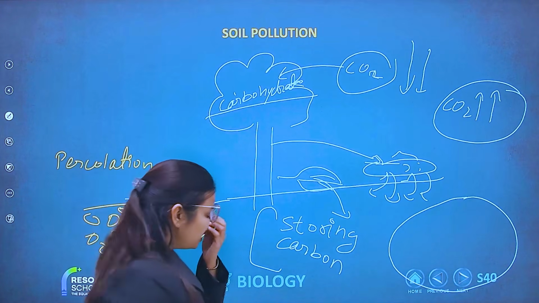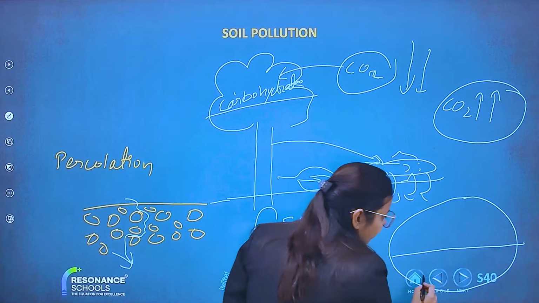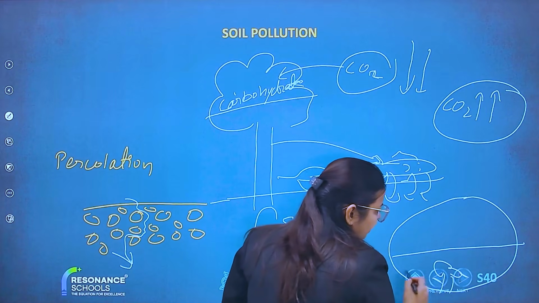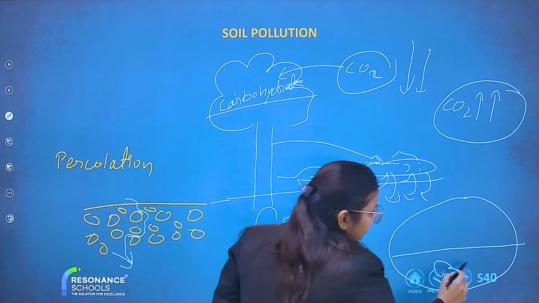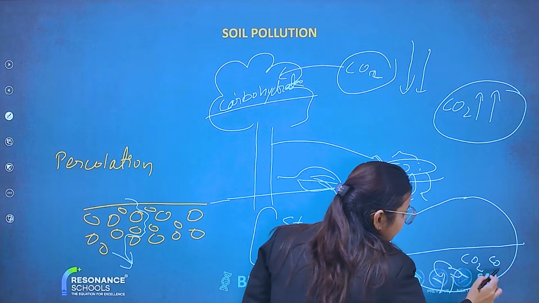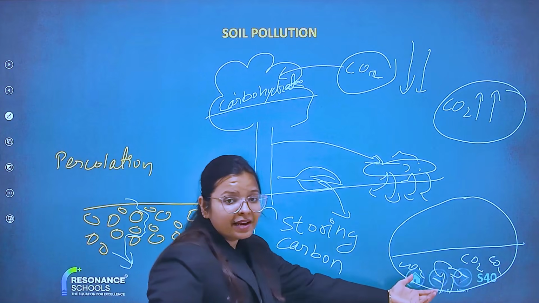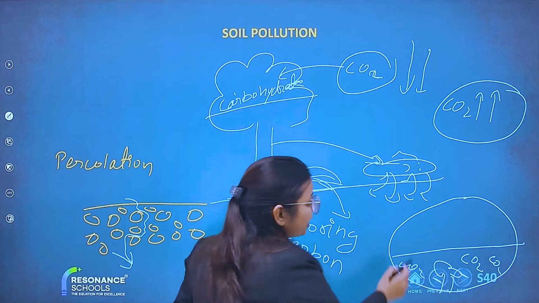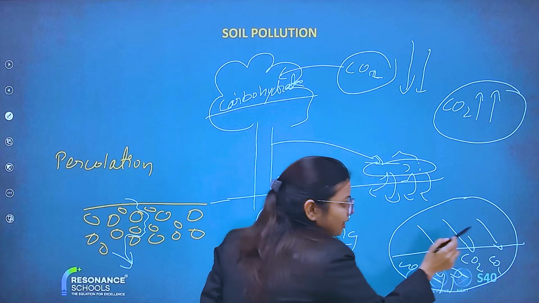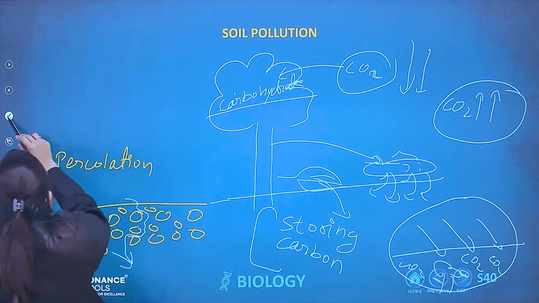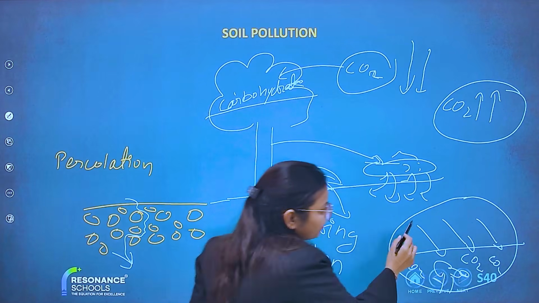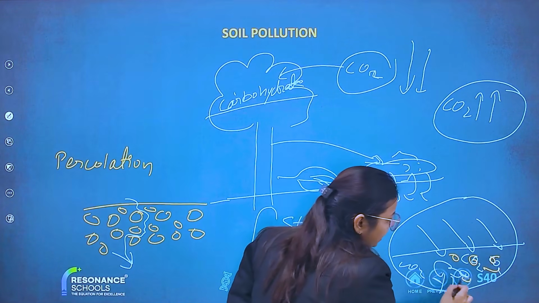Let's imagine earth like a room. This is our earth, and this is where we are living. The more CO2 we have in our environment, the more of the sunlight and heat coming in gets trapped here. I am changing the color to yellow. Whatever sunlight is coming is getting trapped here.